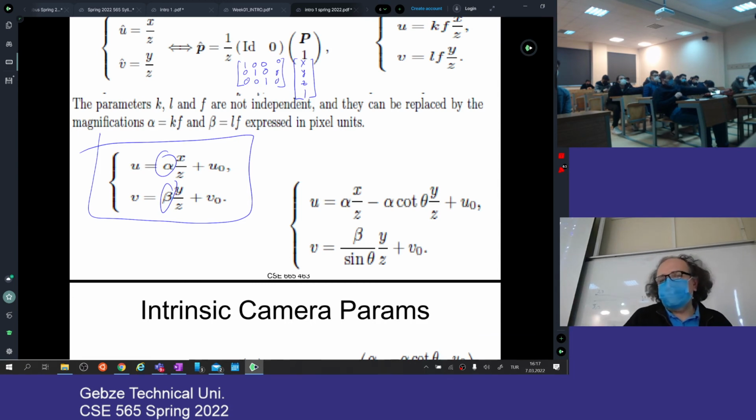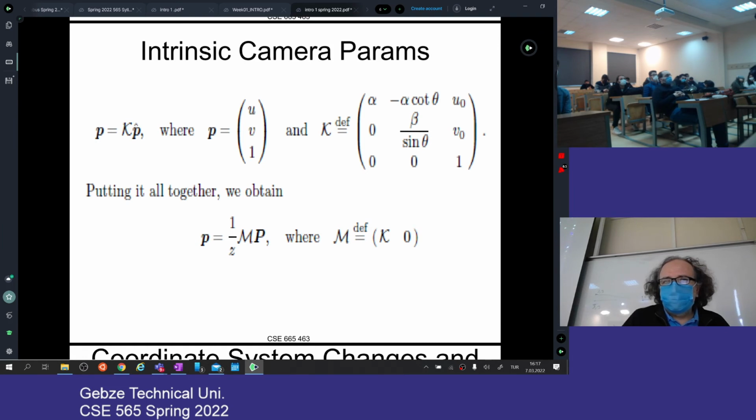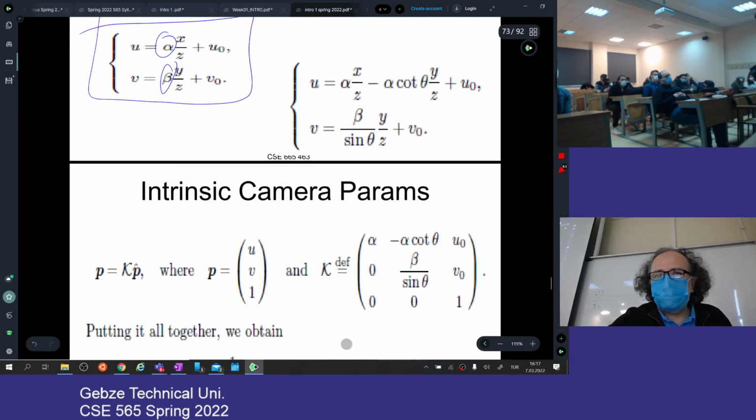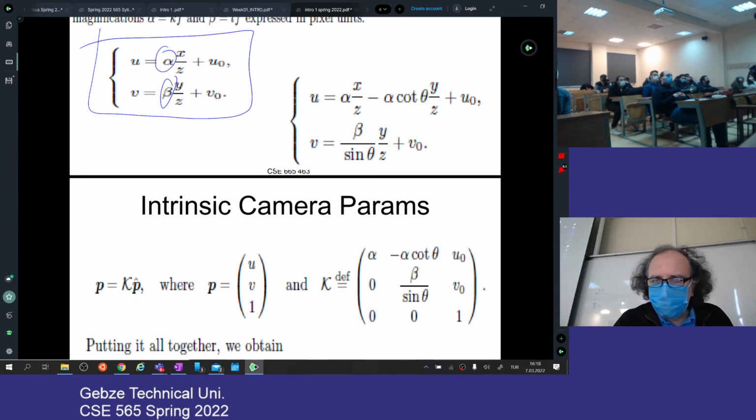Again, this is not linear, and this is how you make it linearized. Okay? This 3 by 3 matrix, if you multiply it with u, v, and 1, it will be exactly the same as this one. Can we do it? Let's multiply it with u, v, and 1.